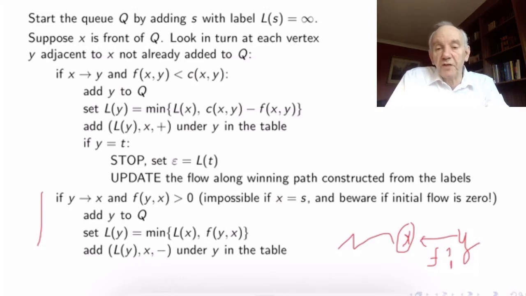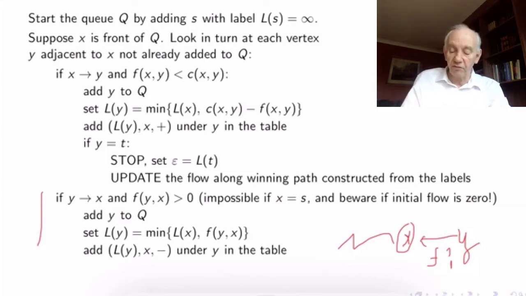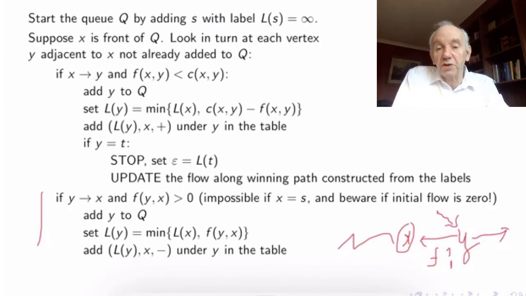And reducing the flow from Y to X amounts to increasing the flow to Y in some net sense, because what it means is we've got more flow we can handle at Y to send on further on, probably we've got other vertices, we'll have other edges coming into Y, and we'll have edges going away from Y, because remember, one of our technical conditions was that any vertex had to be on an aligned path from the source to the sink.